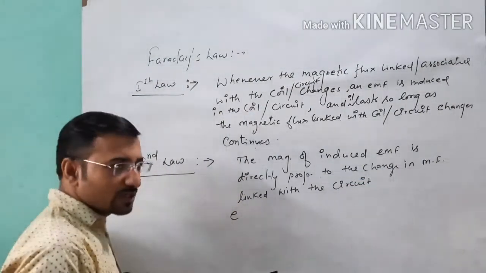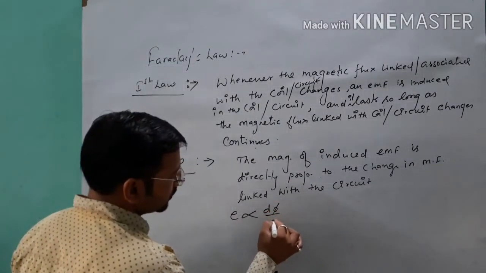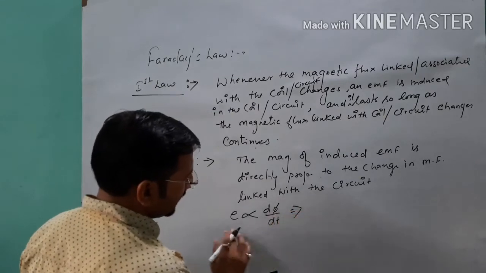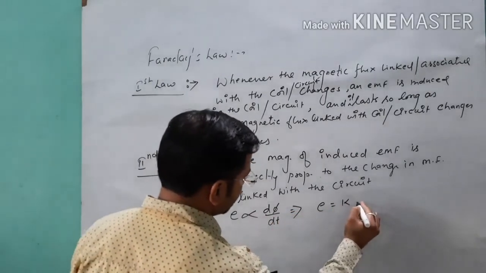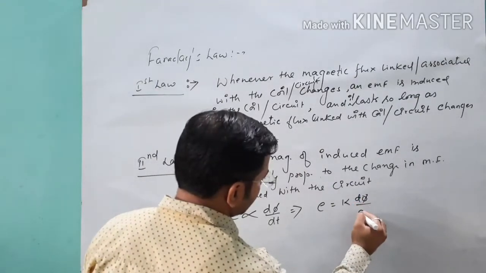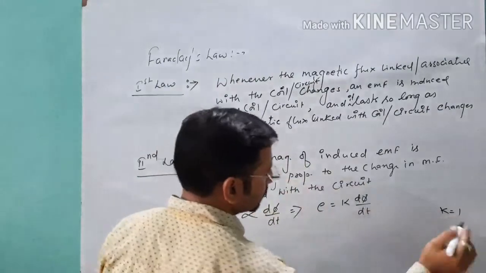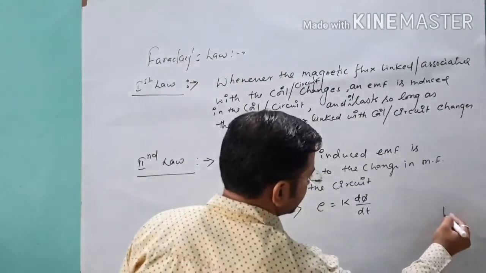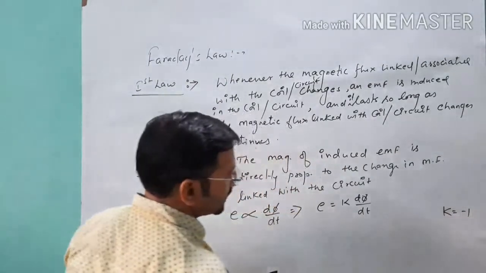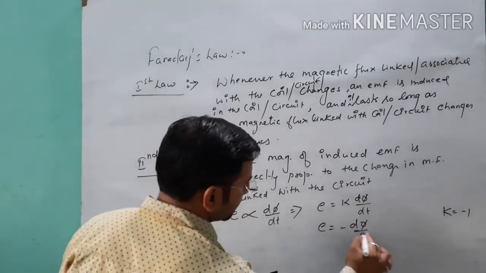So it means that if we assume our induced EMF is E, then this E is directly proportional to d phi over dt. When I remove this proportionality symbol, I will use K, which is K into d phi over dt, and here we will substitute the value of K equals -1, so the equation will be E = -d phi over dt.